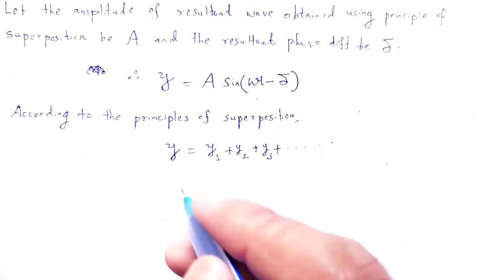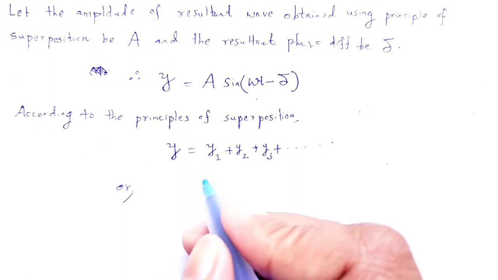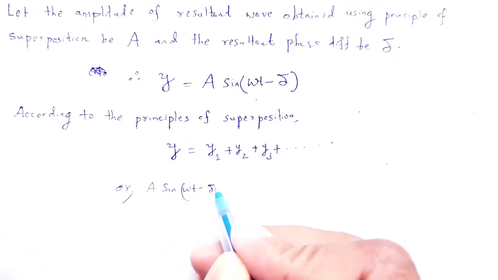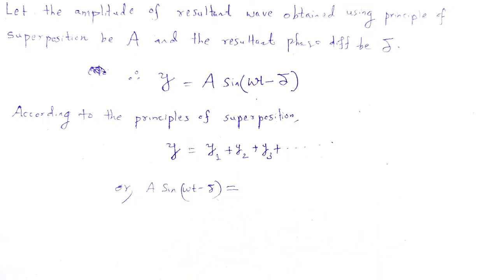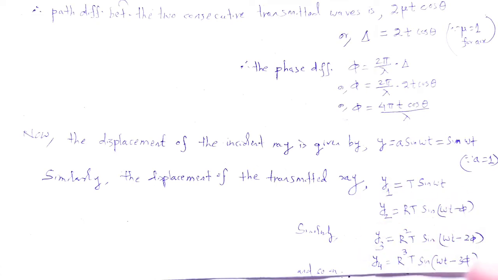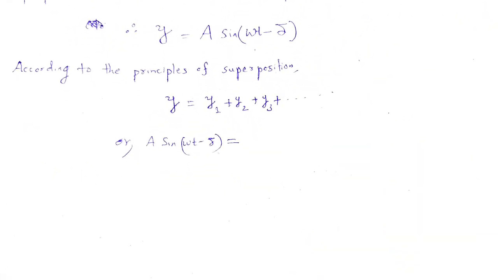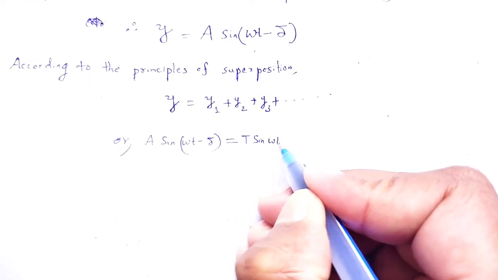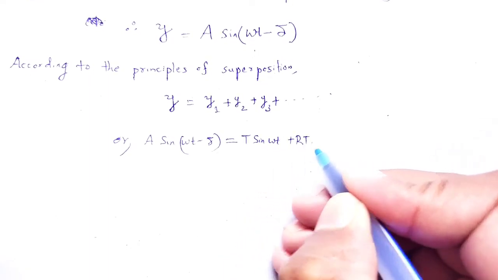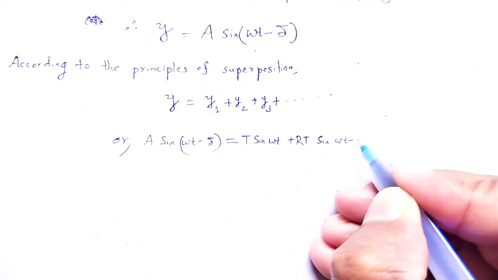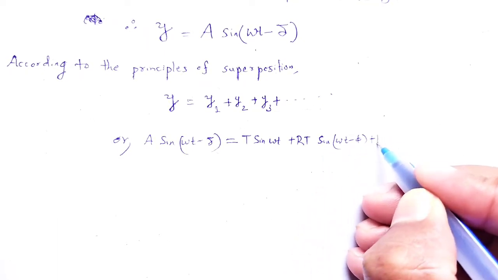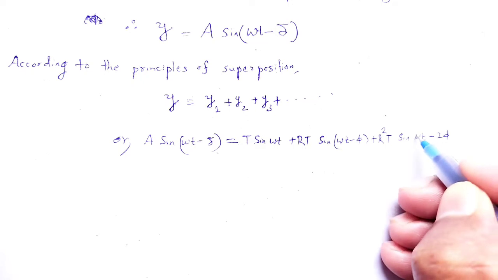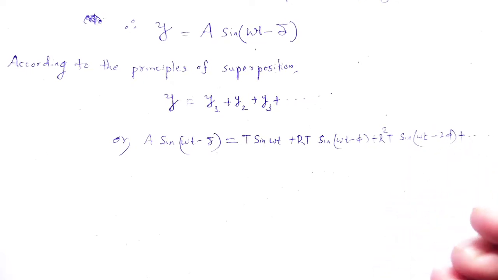Substituting the values here, therefore A sin omega t minus delta is equal to the values of y1, y2, y3 put in: t sin omega t plus rt sin omega t minus phi plus r square t sin omega t minus 2 phi plus dot dot dot.